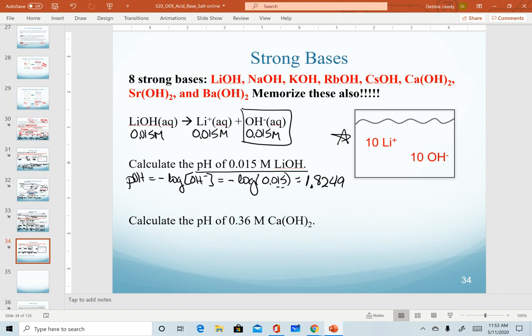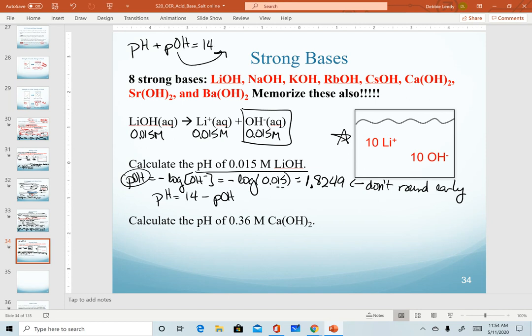But realize that pOH is not my final answer, right? So I don't round early here. I'm going to keep extra digits in this one because I'm not done until I calculate my pH. Remember, easiest thing to do at this point is use the sum of pH and pOH as 14.